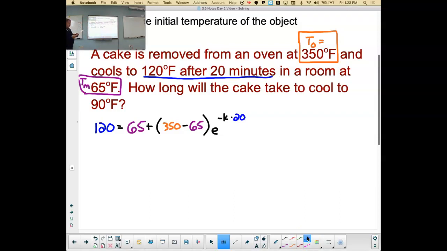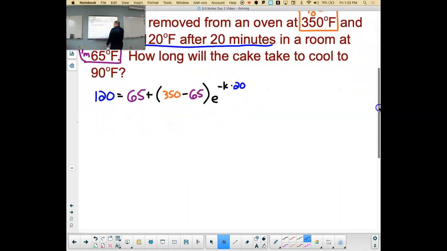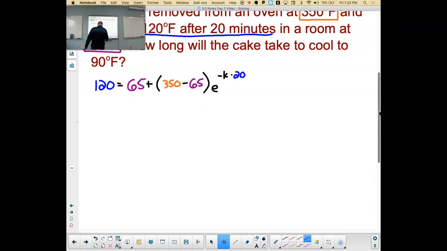And we need to solve this for k. Well, we can make that a little nicer. Let's use green: 120 is equal to 65 plus 350 minus 65, which is 285, e to the negative 20k power.